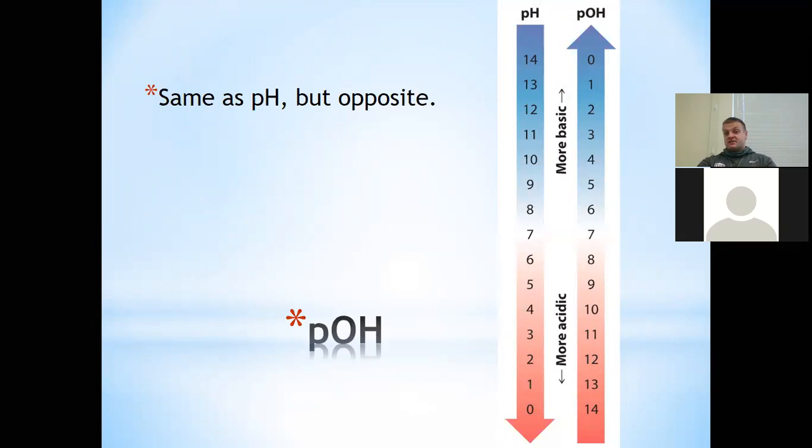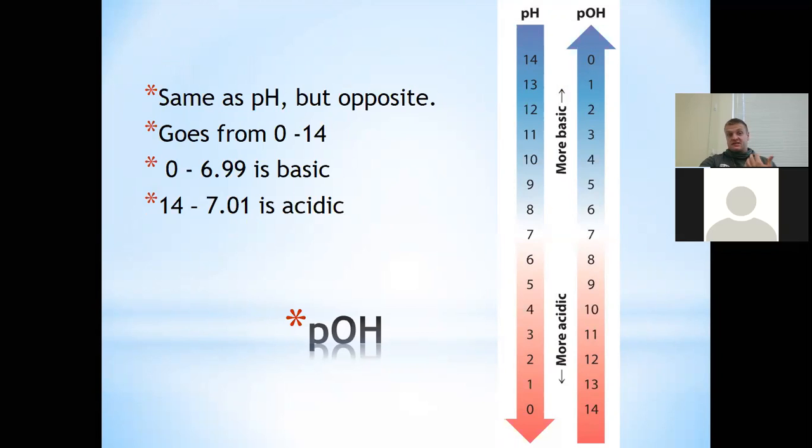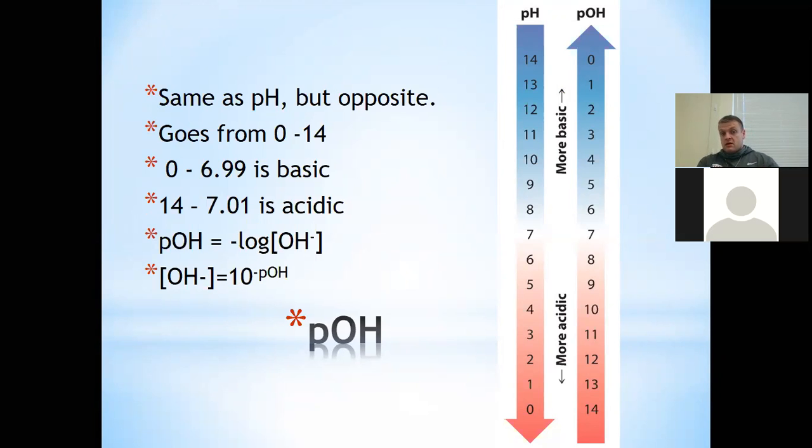pH is the opposite of pOH, so the pOH and the pH always equal 14. pOH is something you may not have ever heard about. It's basically the concentration of hydroxide instead of the concentration of hydrogen. Same formula, nothing different about it; the only difference is it's the opposite.